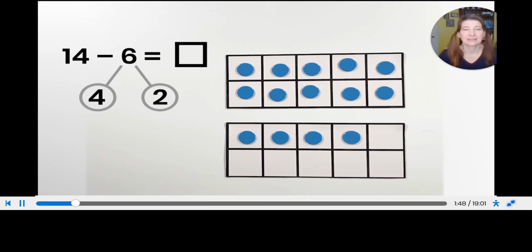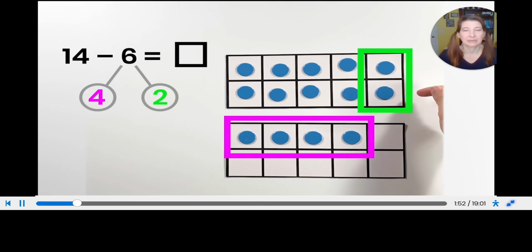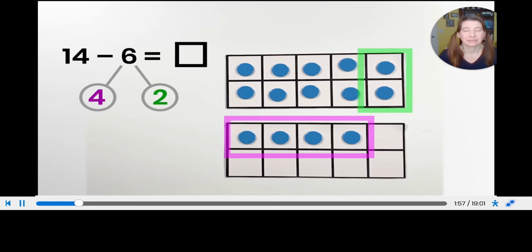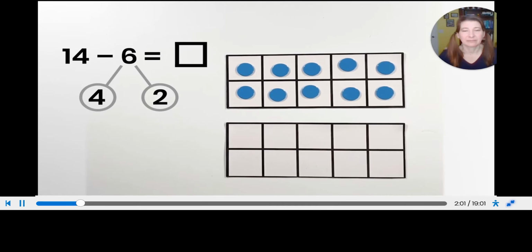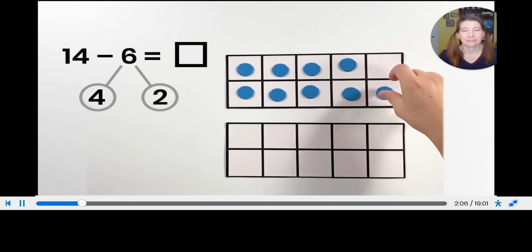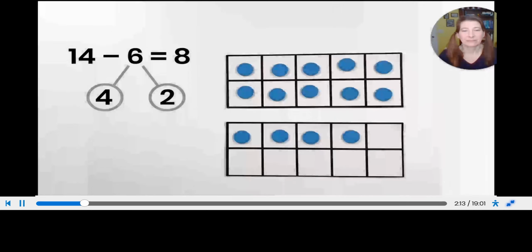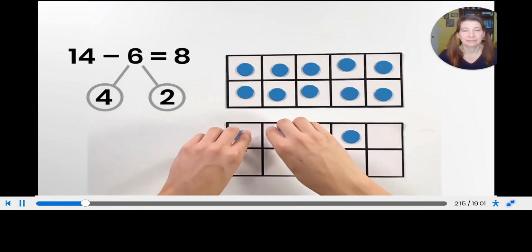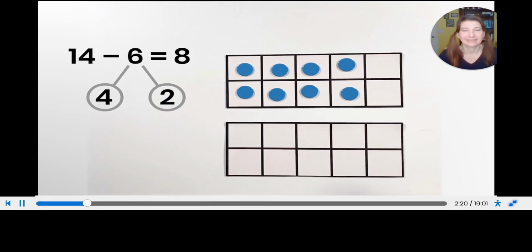Instead, we split up 6 into 4 and 2, so that we can take away just the 4 counters in the bottom frame. Now we take away 4 counters, leaving us with a 10. And then we take away 2 more, leaving us with 8 counters. 14 minus 6 equals 8.